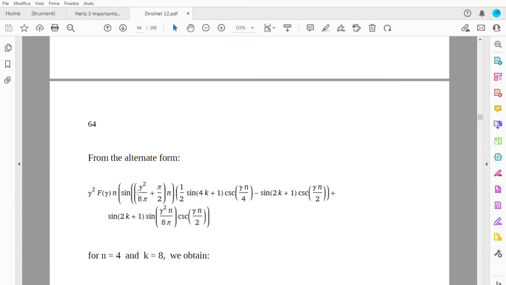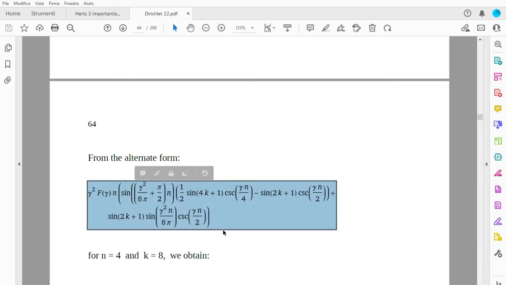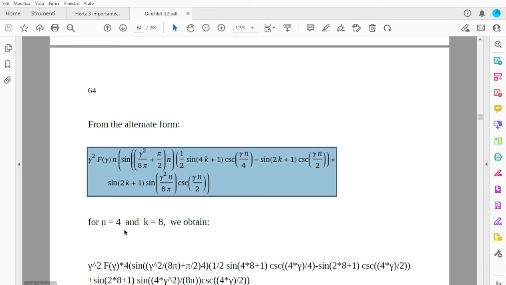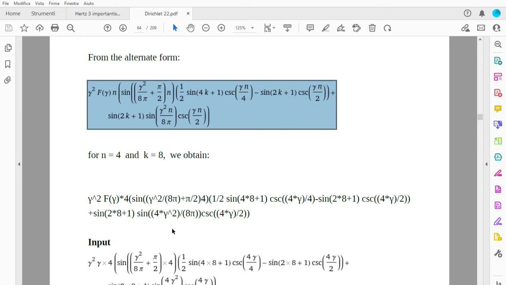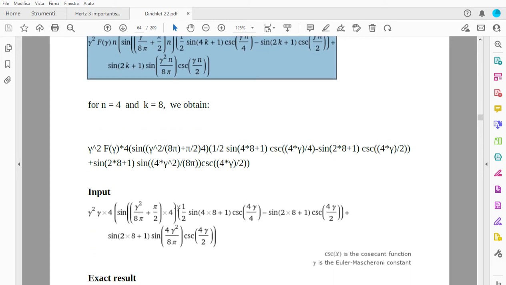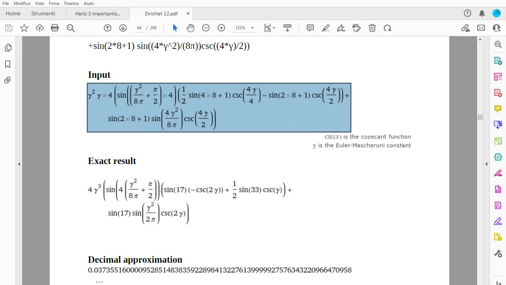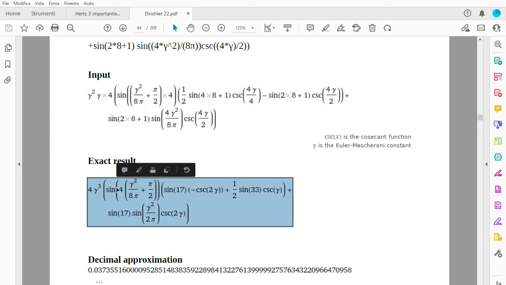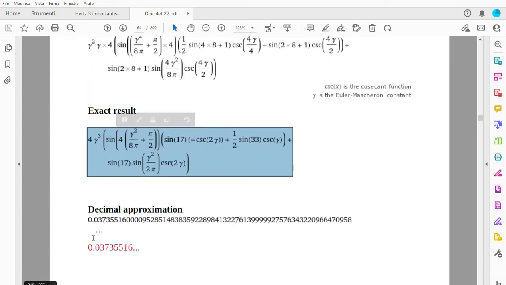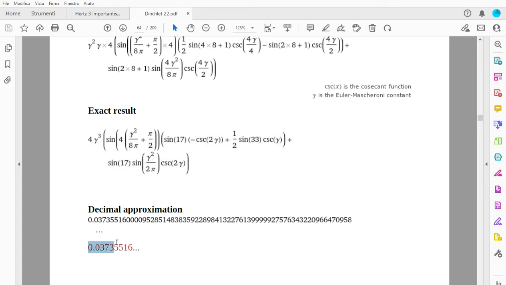From the alternate form, for n equal to 4 and kappa equal to 8, we obtain this expression and the following exact result, that is equal to this value.